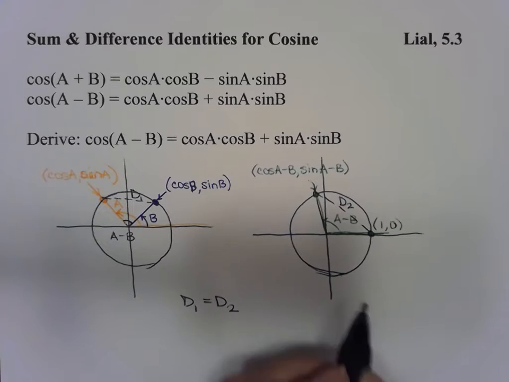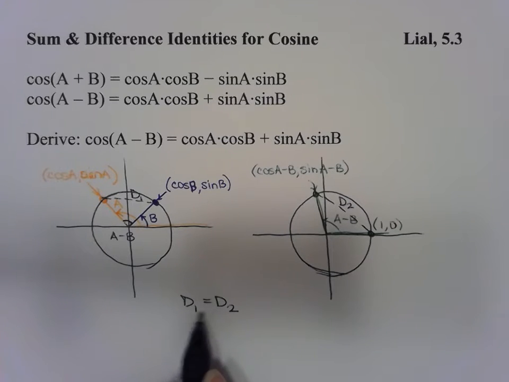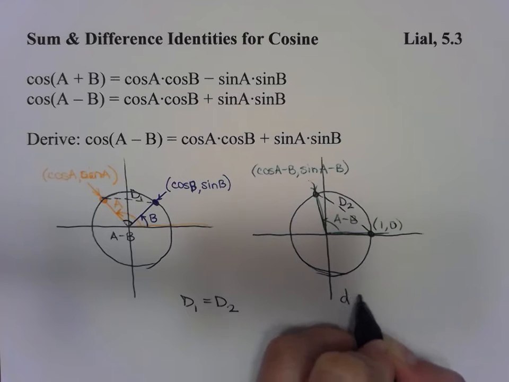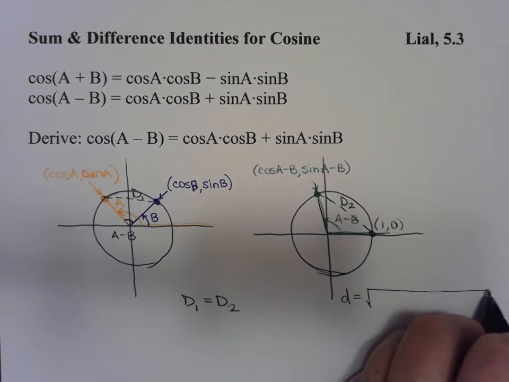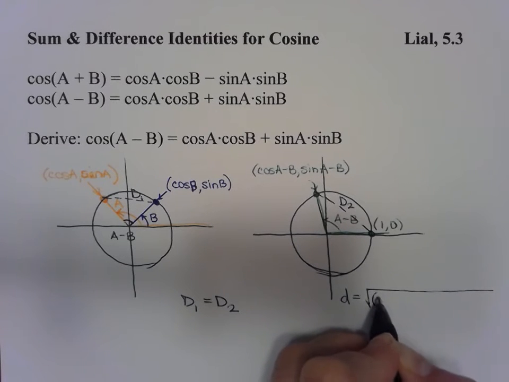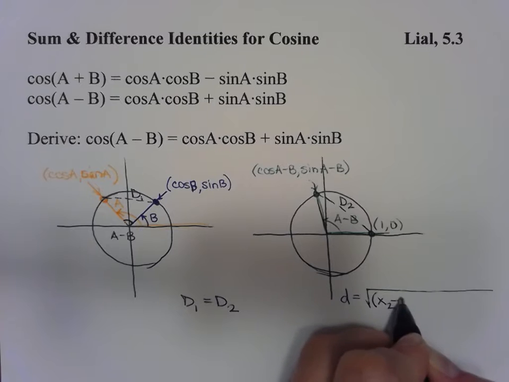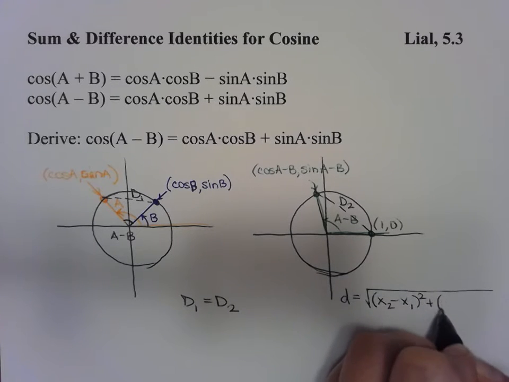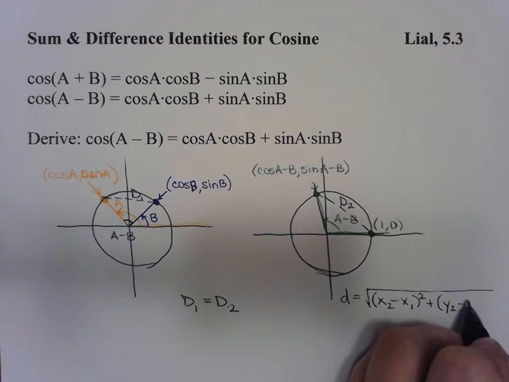We are going to need the distance formula because we're going to work on that next. So I'm going to just jot that off to the side. It's not really specific to this picture. So remember, the distance between any two points is the square root of x2 minus x1 squared plus y2 minus y1 squared.